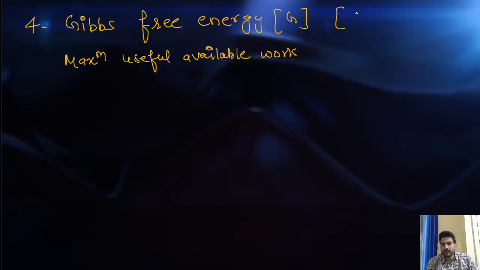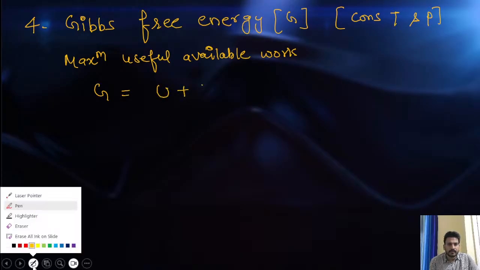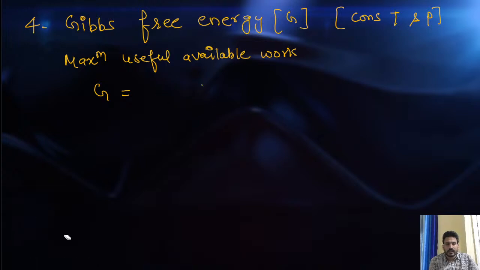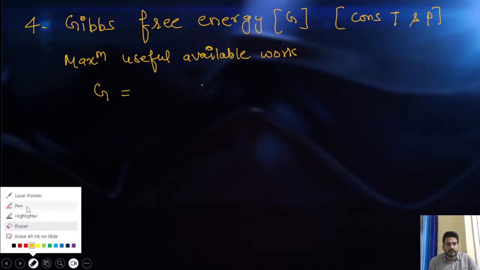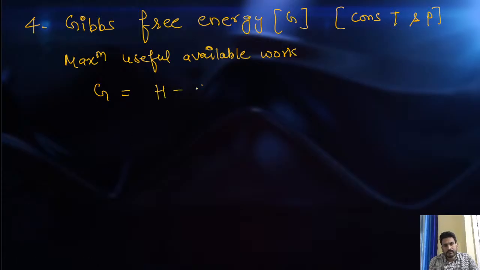This is defined for constant temperature and pressure. Okay. What is G? G is actually H minus Ts. It is H minus Ts.